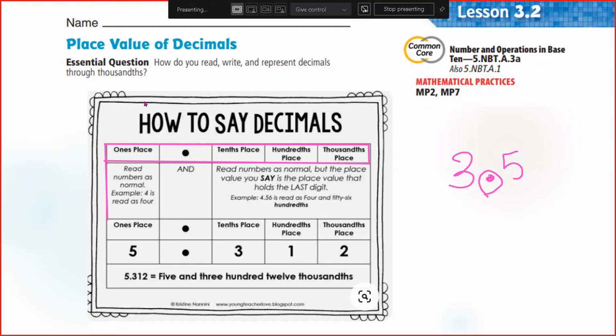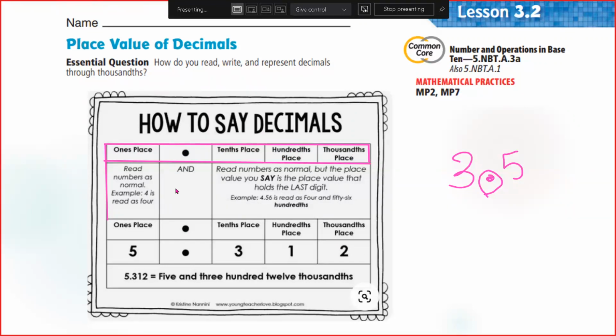The numbers before the decimal point are ones, tens, hundreds, thousands, millions, that we talked about in chapter 1. All the numbers to the right of the decimal point are the tenths place, hundredths place, and thousandths place. We call them tenths, hundredths, and thousandths.